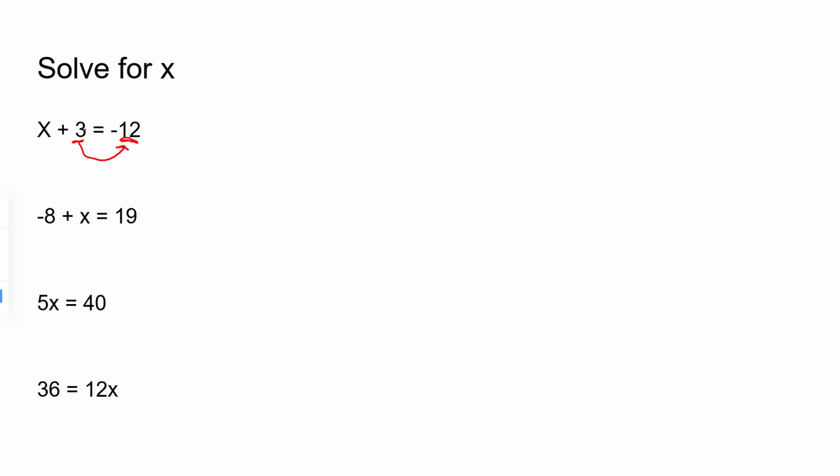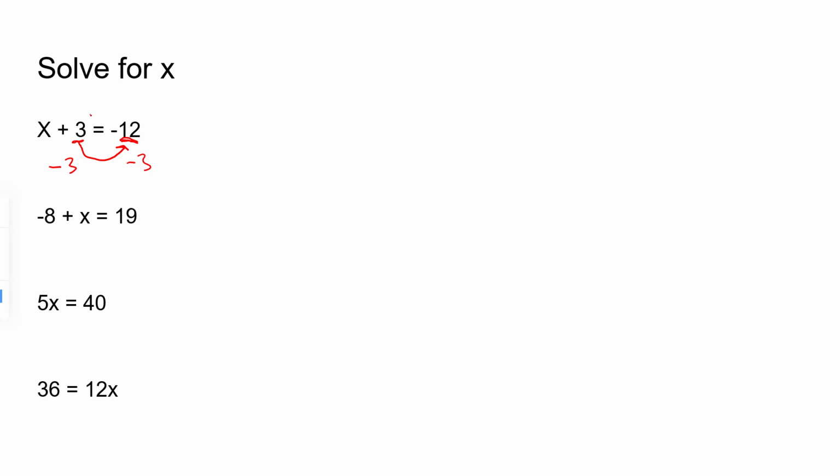So x plus 3 is on this side, so we would have to subtract it away from the x. If we want to move it to the other side of the equation, we have to do the opposite function. So we would go minus 3 from this side and minus 3 from this side. Anything we do to one side, we have to do to the other side.